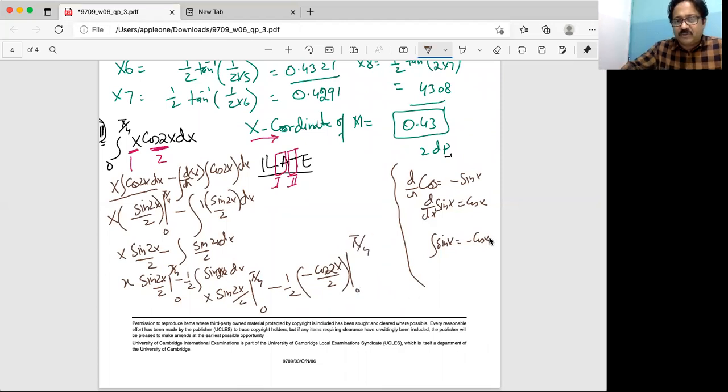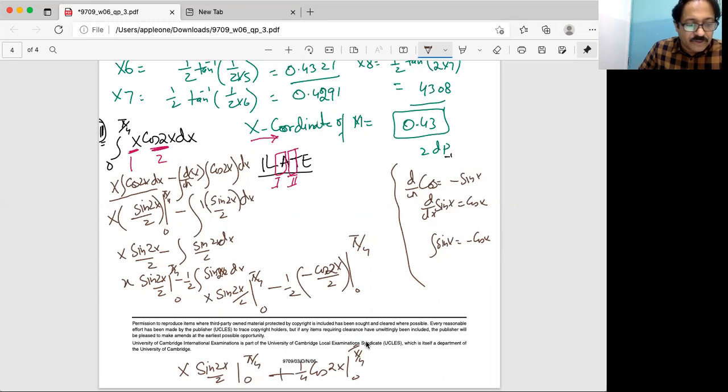So the final integration here becomes x sine 2x over 2, with limits 0 and pi over 4, plus 1 over 4 cos 2x, with limits 0 to pi over 4. That's your integration.